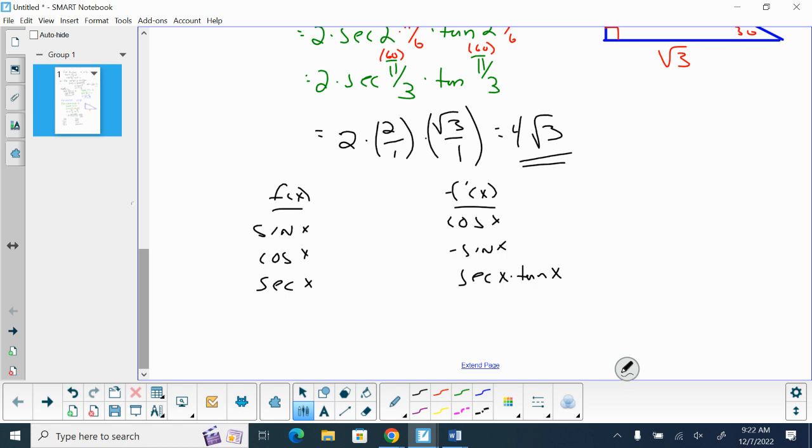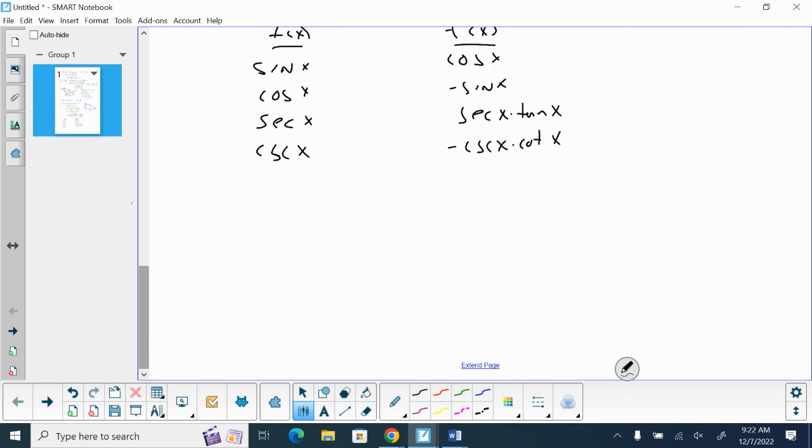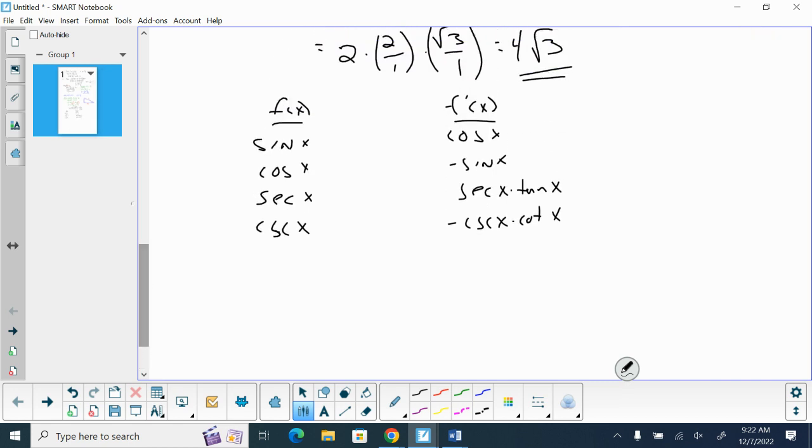If we have the cosecant, we have negative cosecant cotangent x. And then if we have tangent of x, we have secant squared of x. And if we have cotangent of x, we have negative cosecant squared of x. All your co-functions over here, the negatives over here.